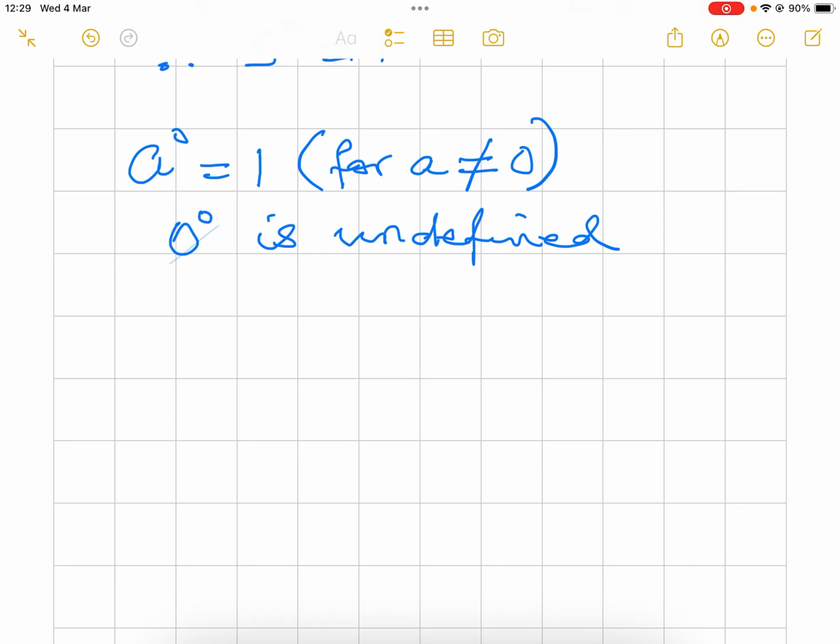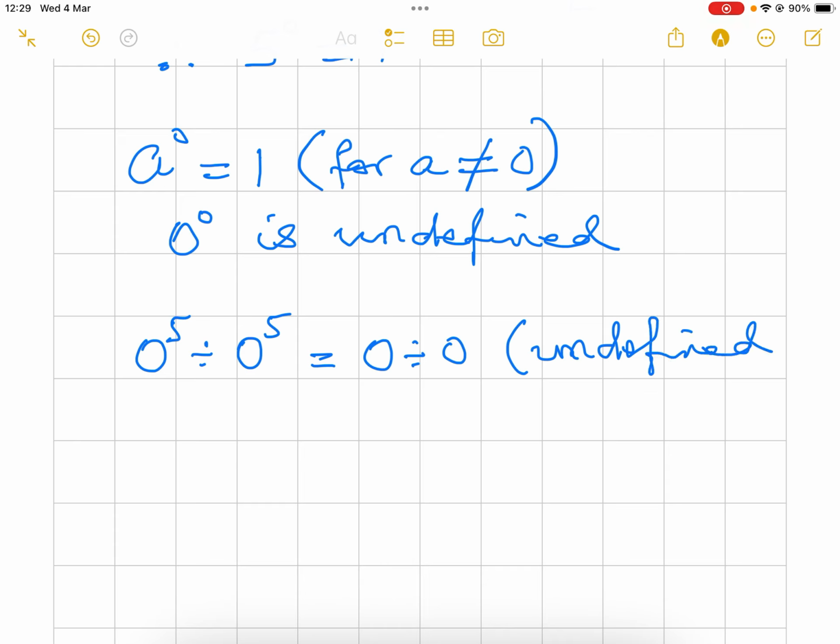Because to use the subtraction rule, we would need 0 raised to power 5 to divide 0 raised to power 5. 0 raised to power 5 divided by 0 raised to power 5 will give us 0 divided by 0, which is undefined.